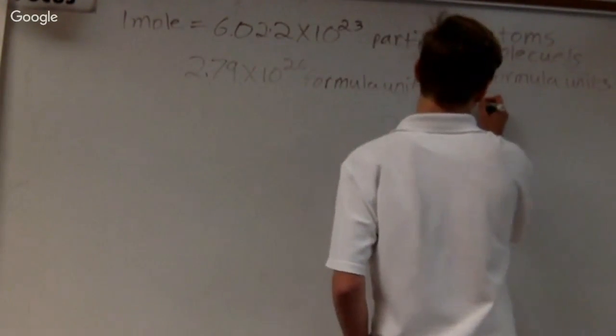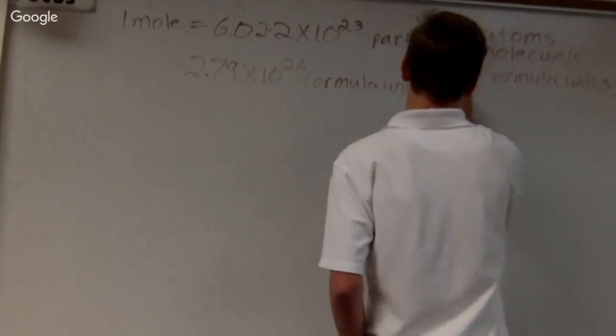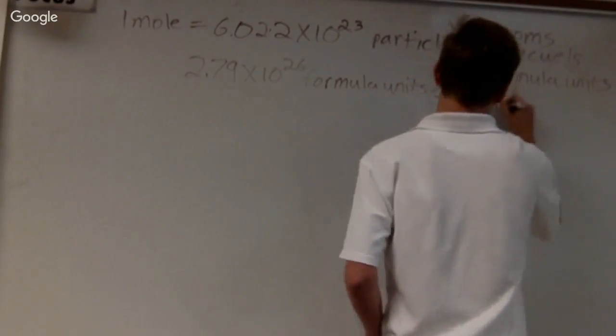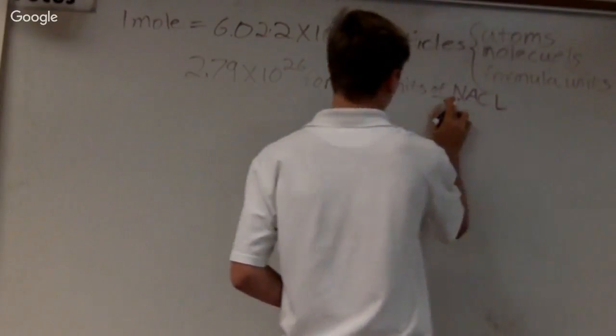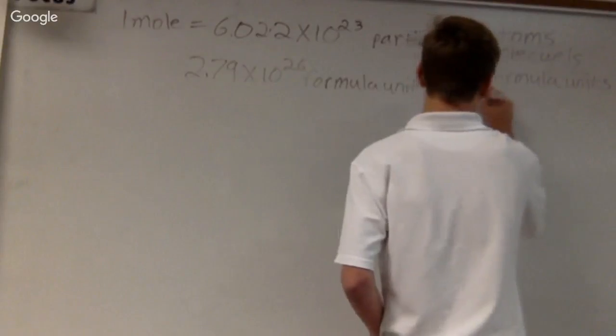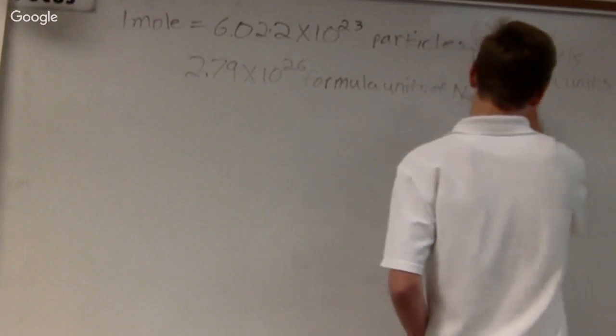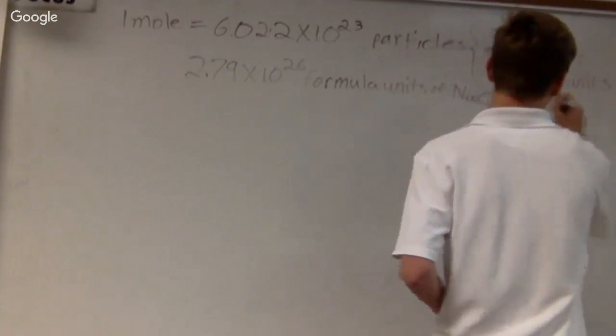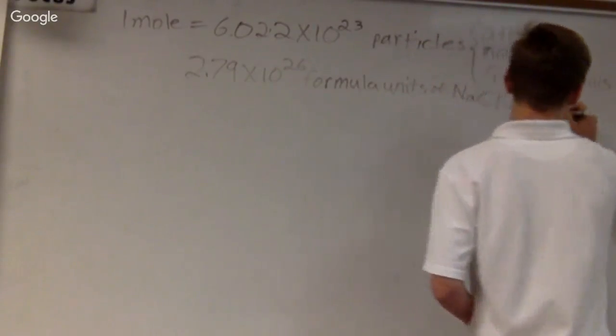Formula units of NaCl. And then go question mark. A is a lowercase, and the L is a lowercase. A little arrow, question mark, moles of NaCl.